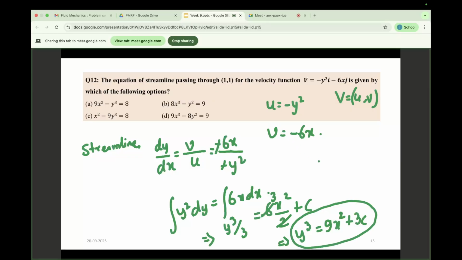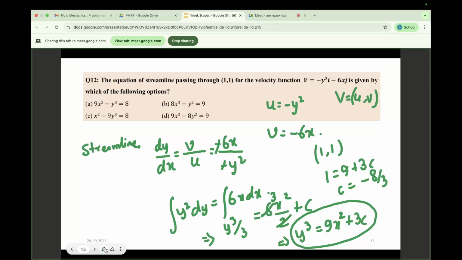So what is the initial condition here? The initial condition is 1 comma 1. So here x is 1 and y is 1. So correspondingly I can write 1 equals 9 plus 3c. Okay. So the c here is minus 8 by 3.